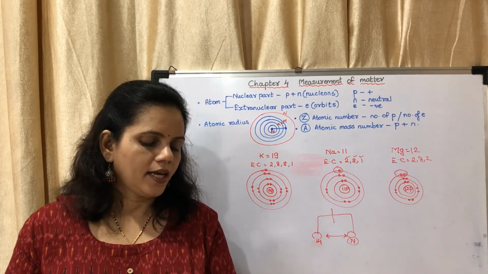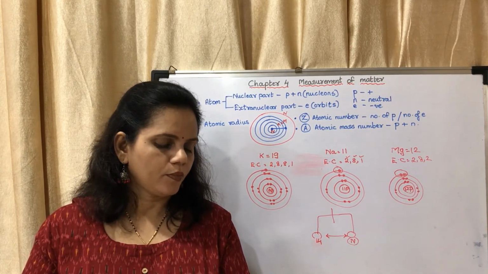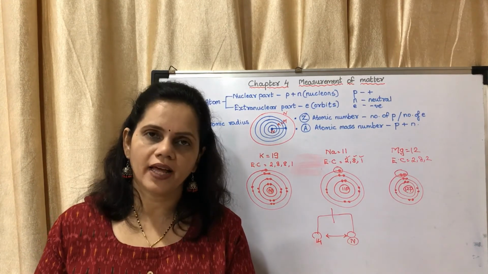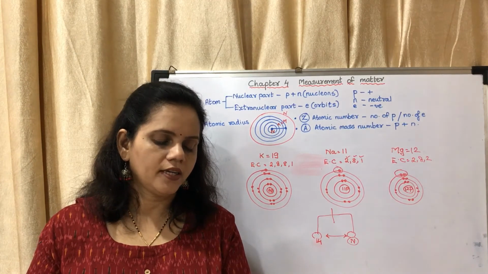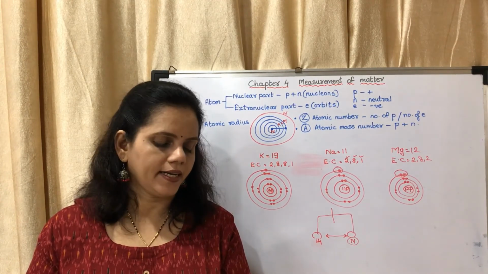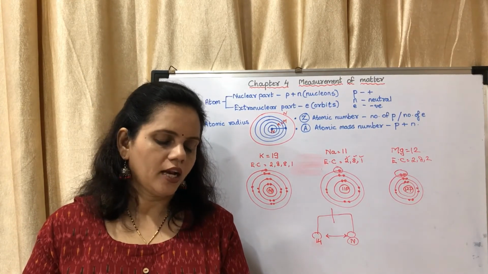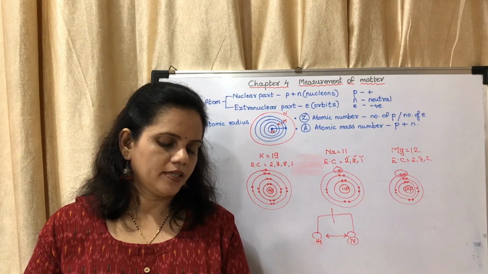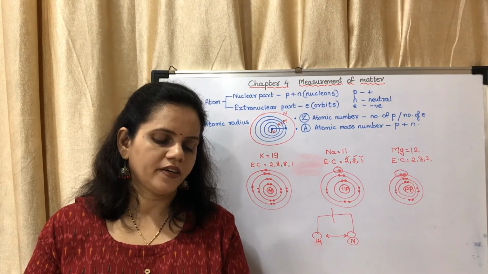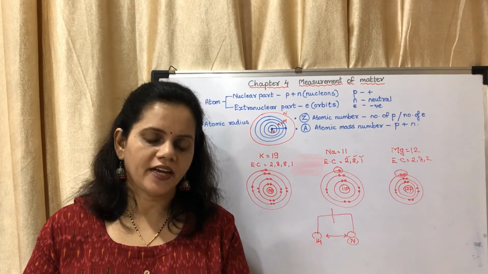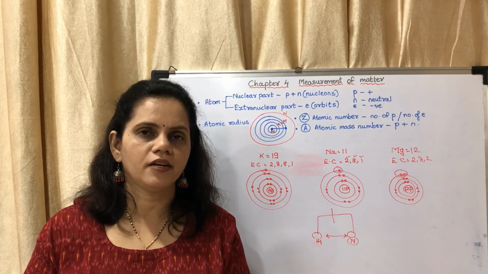Hydrogen 1, helium 4, lithium 7, beryllium 9, boron 11, carbon 12, nitrogen 14, oxygen 16, fluorine 19, neon 20, sodium 23, magnesium 24, aluminum 27, silicon 28, phosphorus 31, sulfur 32, chlorine 35.5, argon 39.9 or approximately 40.